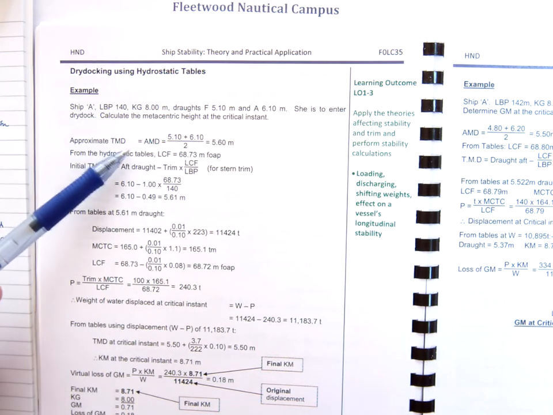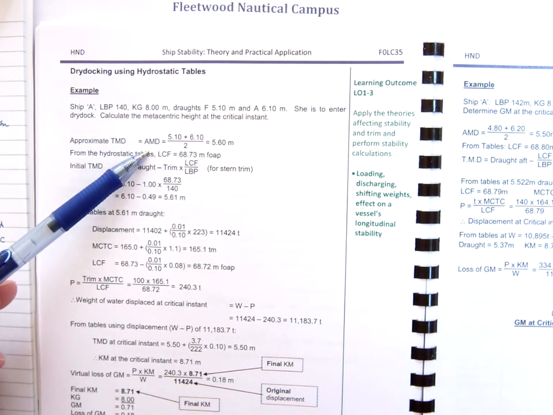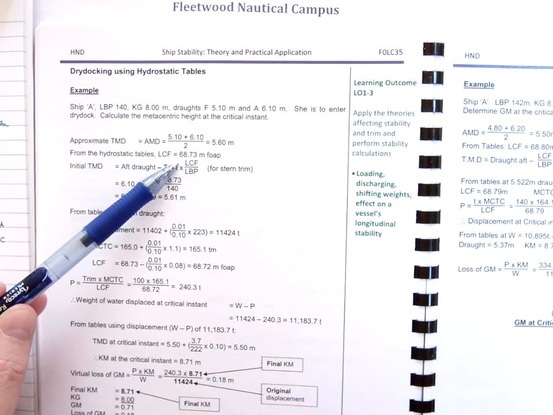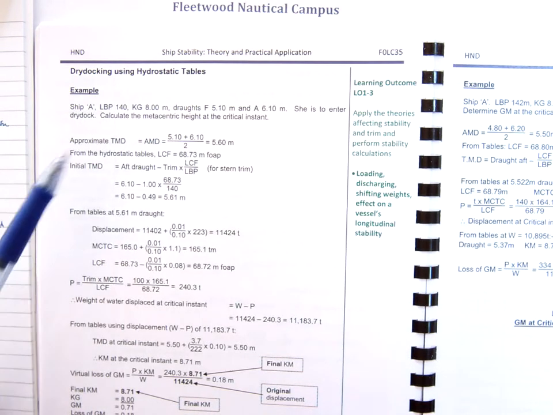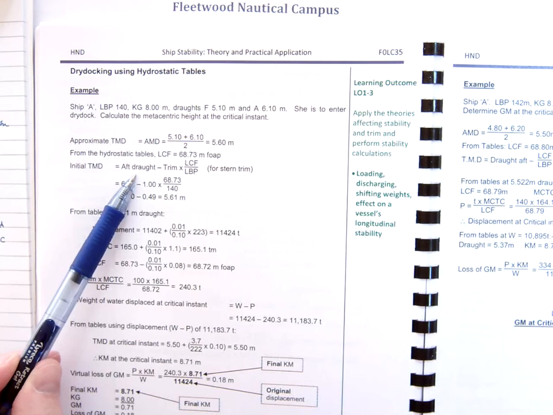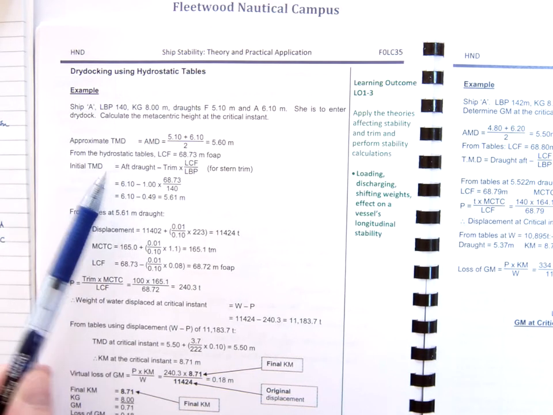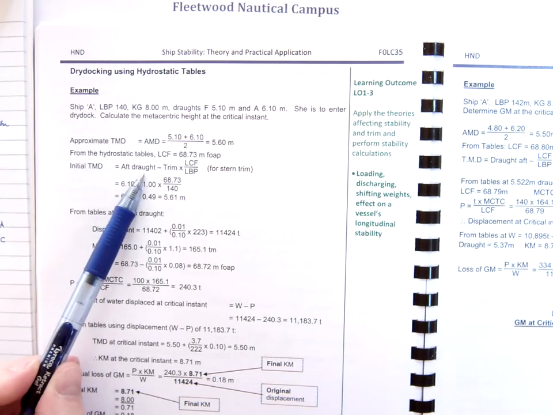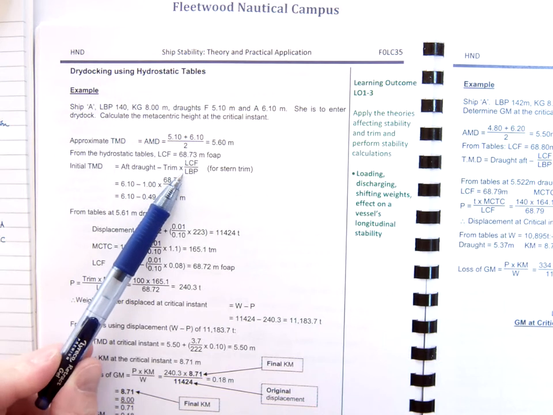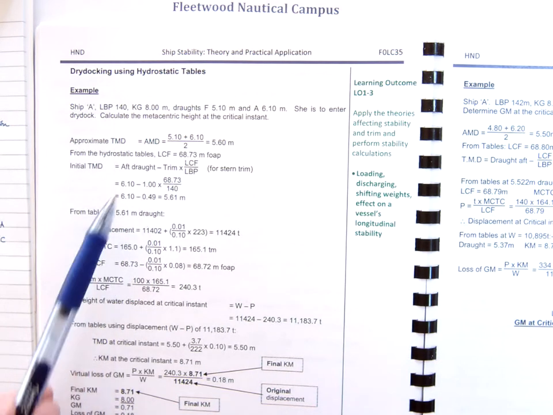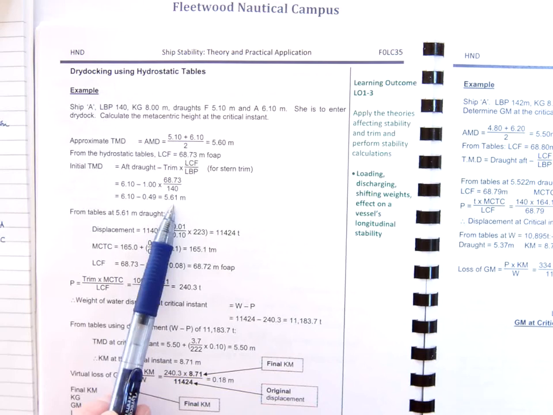So first of all, we get our average mean draft, 5.6, go into the tables and get the LCF. Because our draft aft is greater, the true mean draft is aft draft minus the trim times LCF over LBP. True mean draft 5.61.